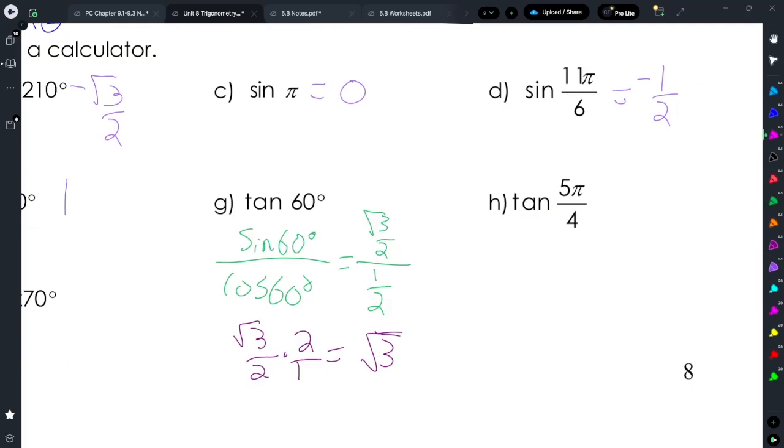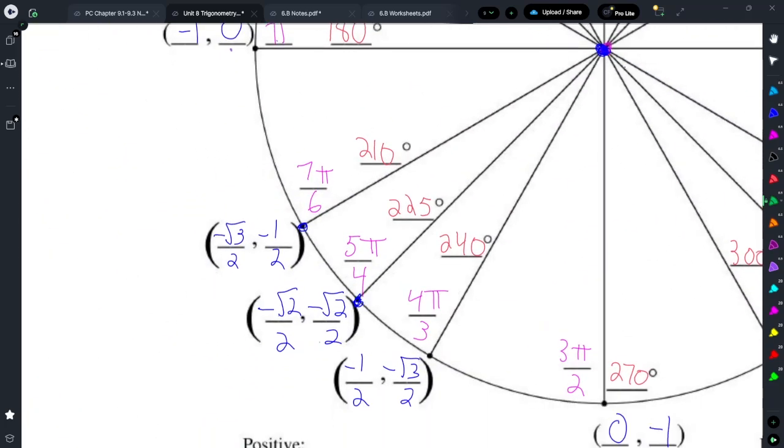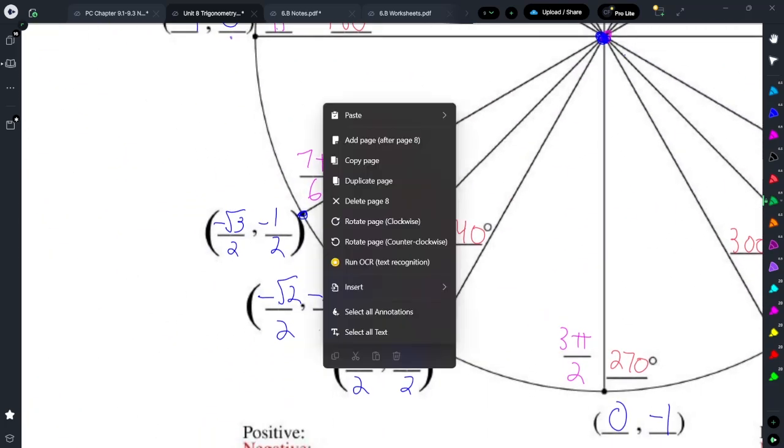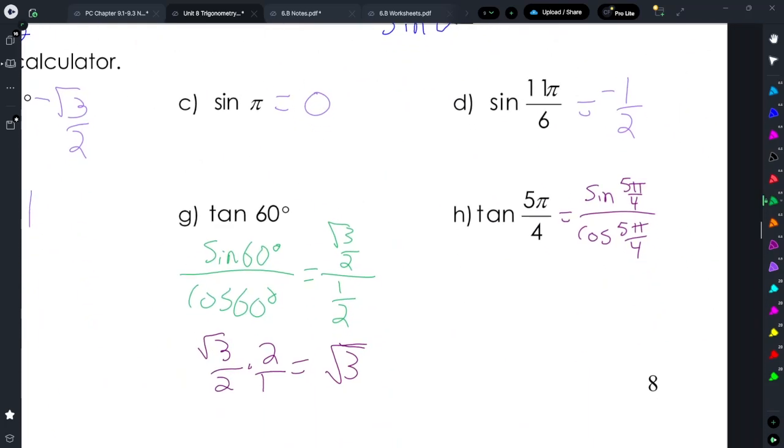So tangent of 5 pi over 4. This one, I'll do as sine over cosine one last time. Now the sine of 5 pi over 4, the y coordinate is a negative square root of 2 over 2, and so is the x coordinate.